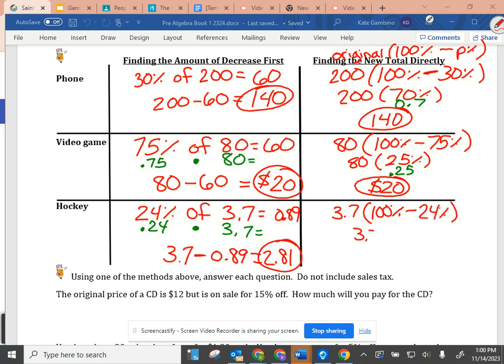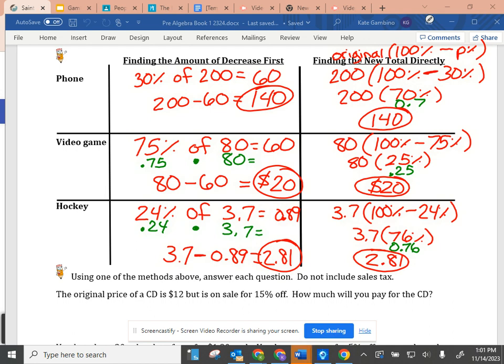So 3.7 times what percent? 76%. 76% is what decimal? 0.76. So 3.7 times 0.76 is 2.812. We round it to that 100th place, and we get that 2.81.